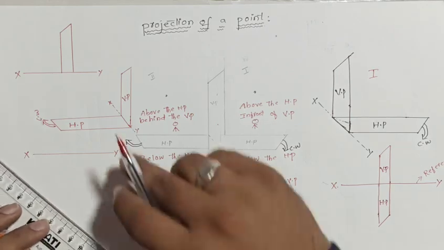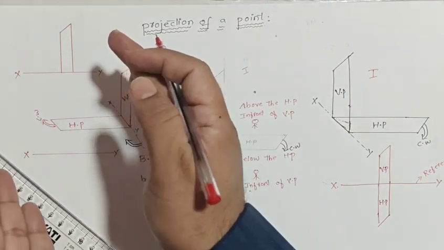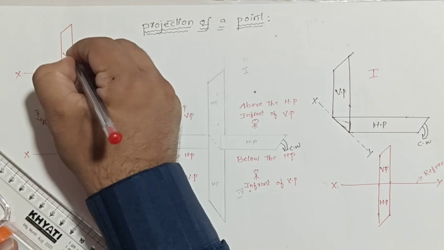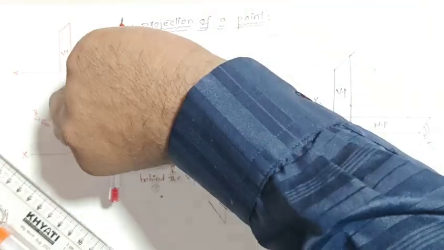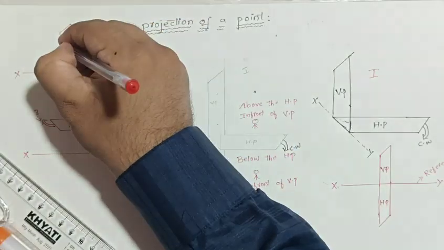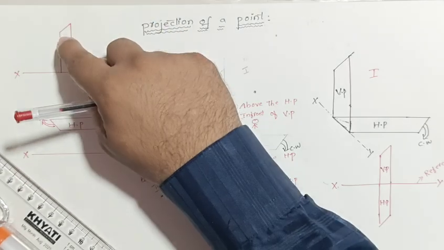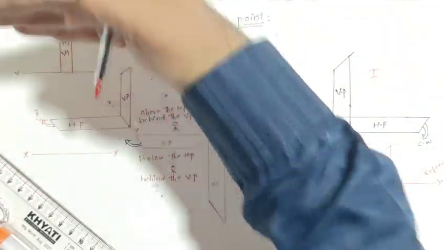Then this HP will collapse with the vertical plane. VP should be rigidly fixed, and this HP will rotate in the clockwise direction. Both are above the reference line, VP and HP both.